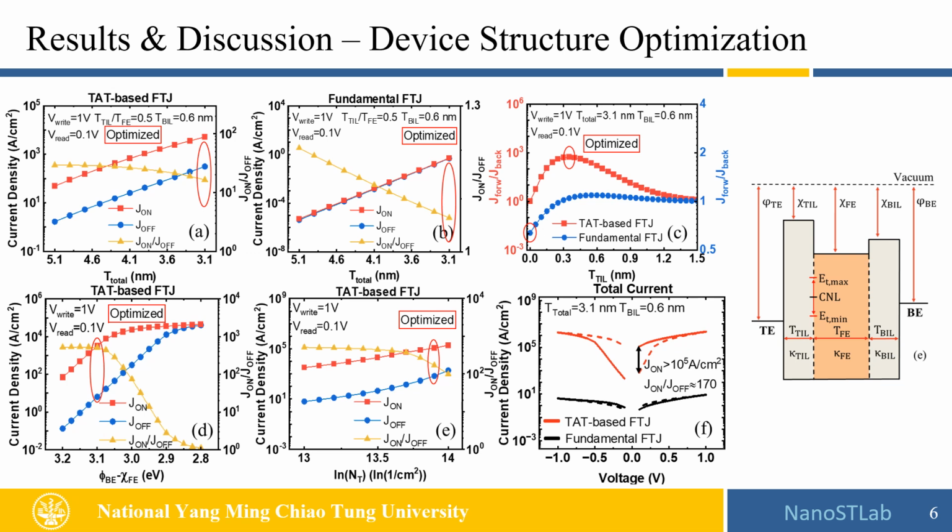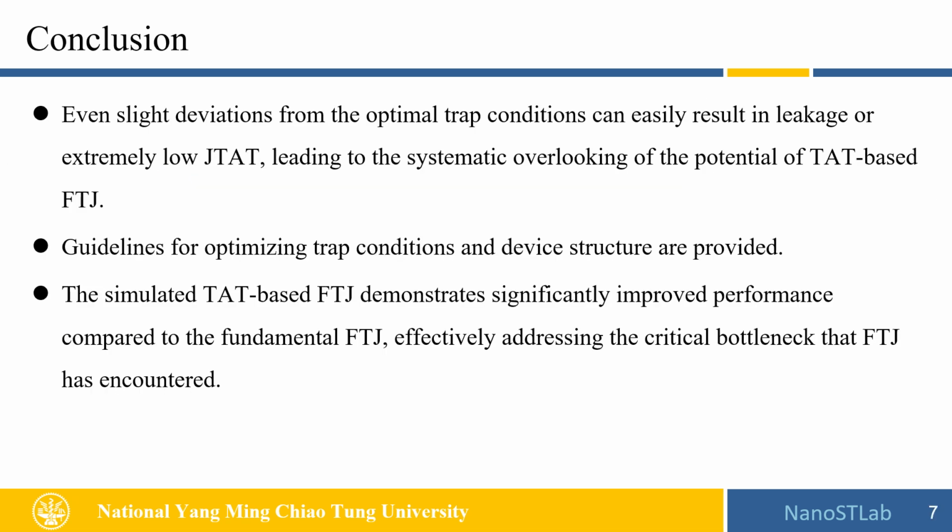So here's the conclusion: even slight deviations from the optimal trap conditions can easily result in leakage or extremely low TAT current, leading to the systematic overlooking of the potential of the TAT-based FTJ.